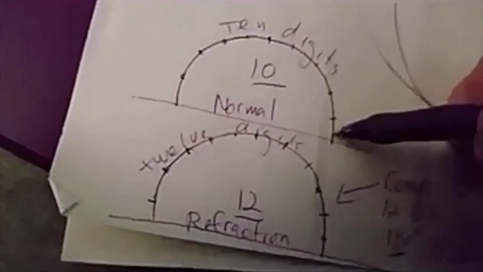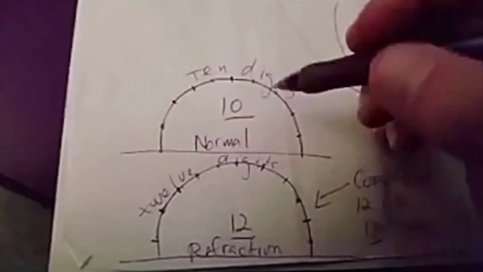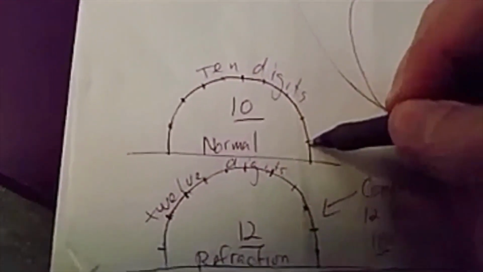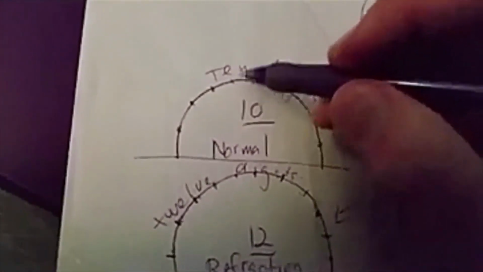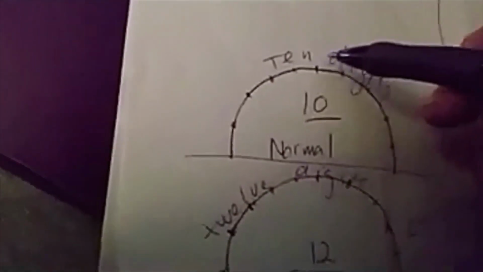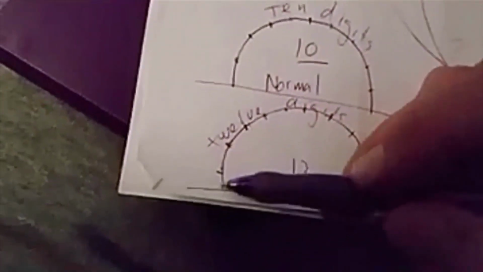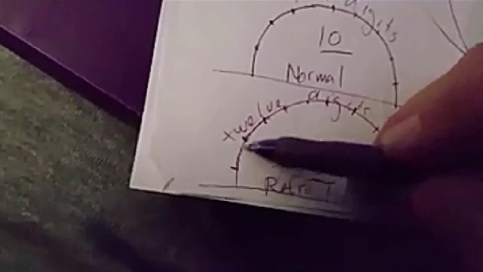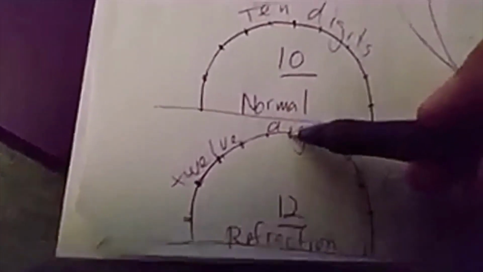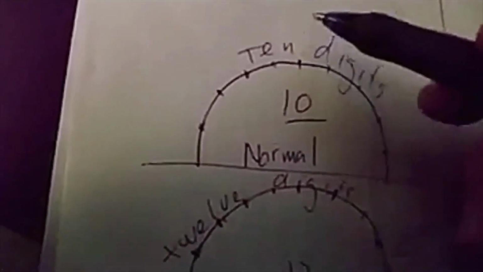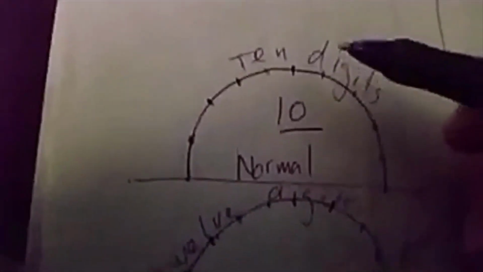So most of the compression is going to take place at the horizon. It's going to be less affected toward the zenith. So most of the compression is going to be happening toward the horizon. And for the most part, the zenith part of the sky will be pretty much unaffected.